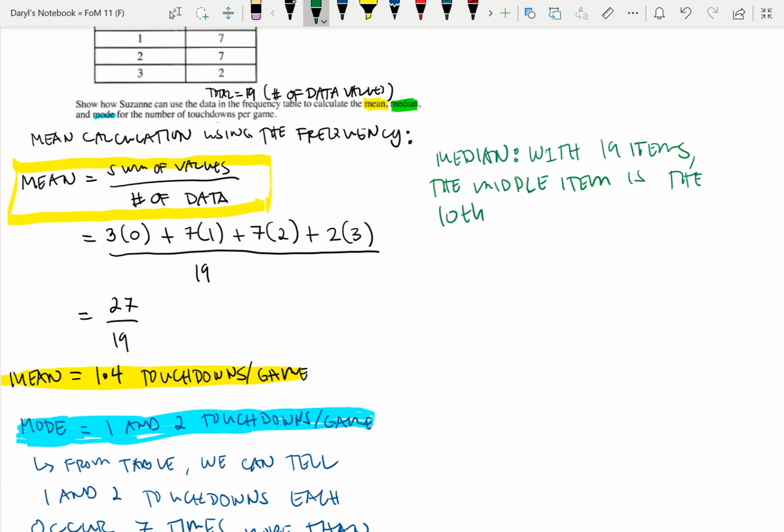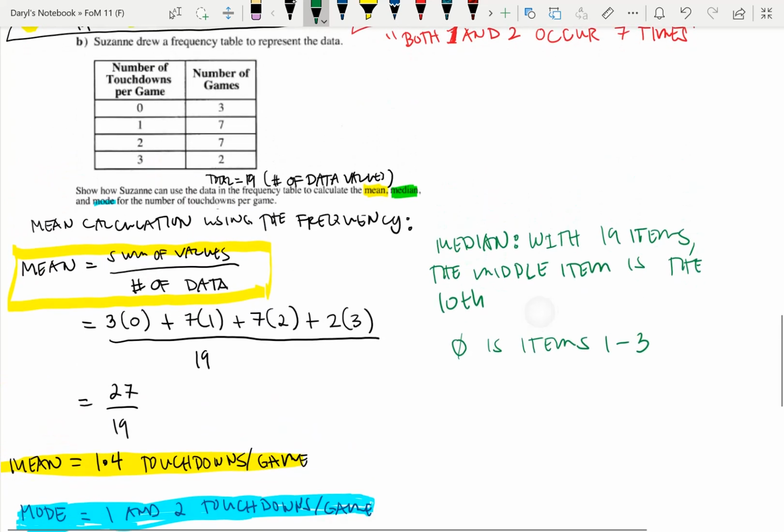Okay, so the 10th item would be the middle item. So if I jot down my data here, 0 is from items 1 to 3.